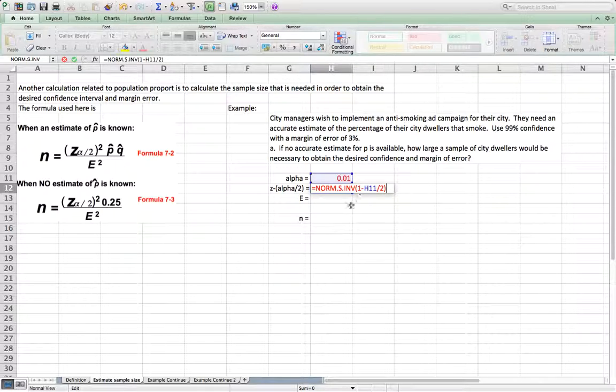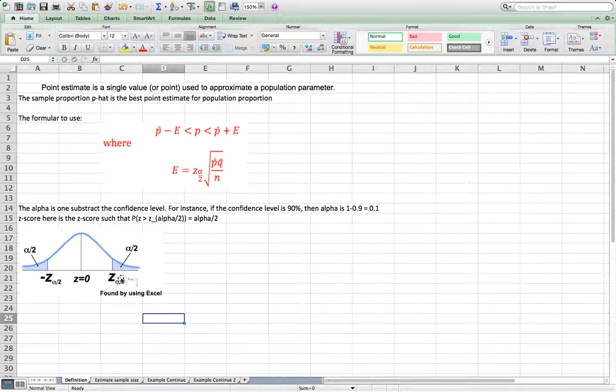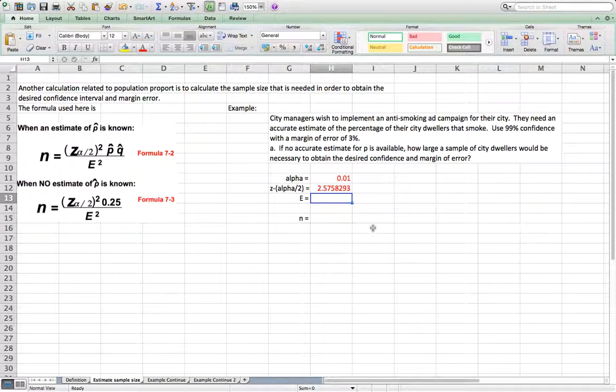Because this function gives the probability on the left side of this score. Since on the right side is alpha over 2, on its left side is 1 minus alpha over 2. Okay, so now the margin of error given is 0.03.